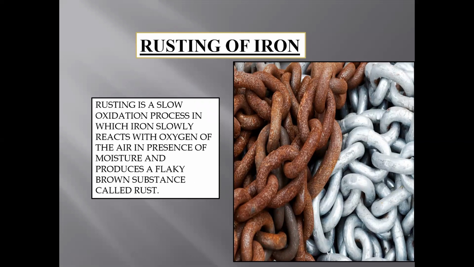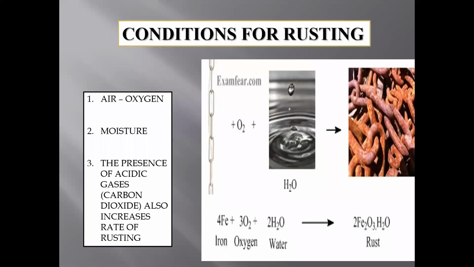Now, rusting is a slow oxidation process in which iron slowly reacts with oxygen of air in the presence of moisture, and produces a flaky brown substance called rust. So this is the definition of rusting. Now the next question is, what are the different conditions which are required for rusting?